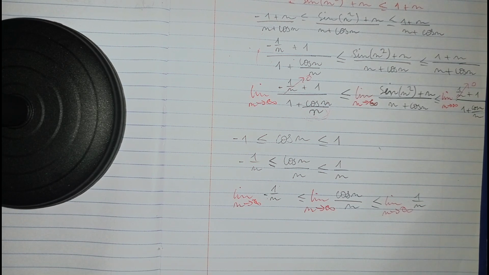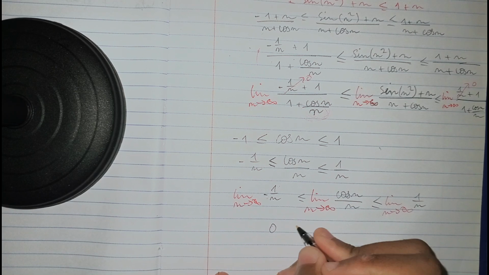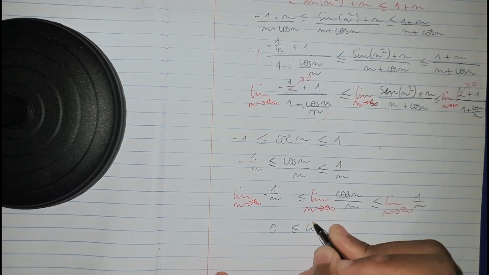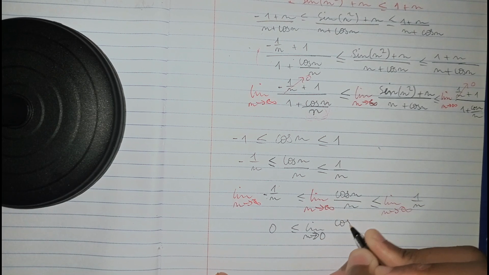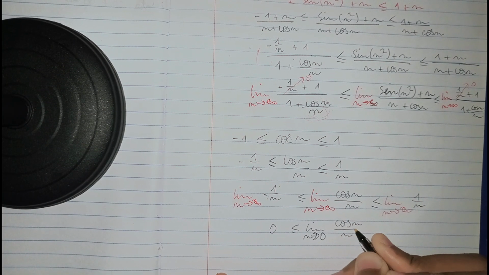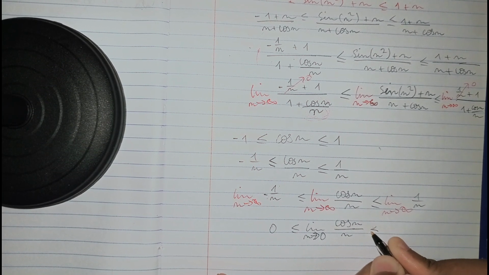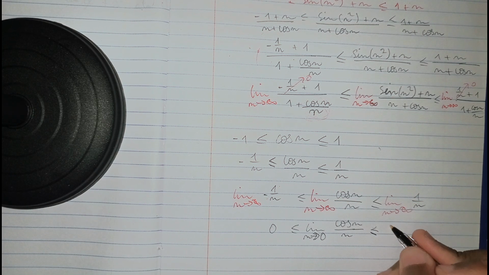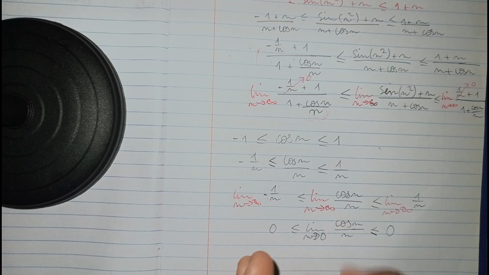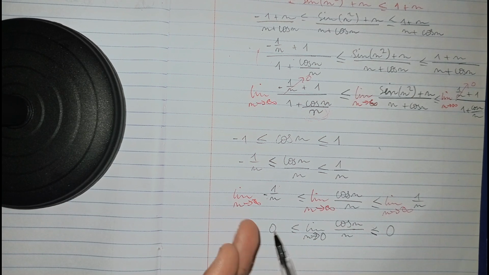We know that here we get 0, so it's less than this limit. Then we get 0. So which number is between 0 and 0?